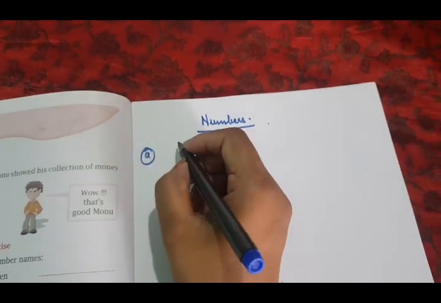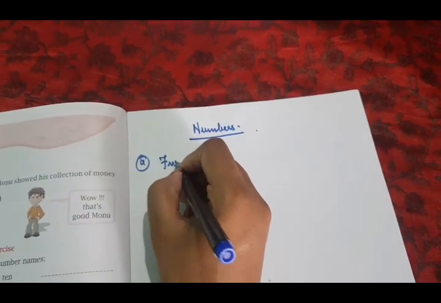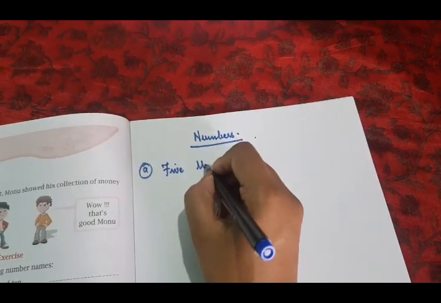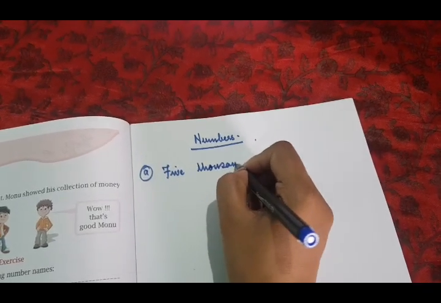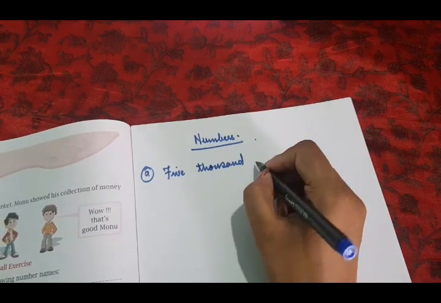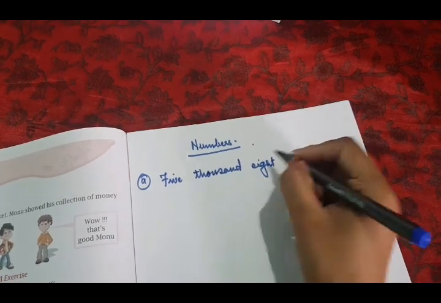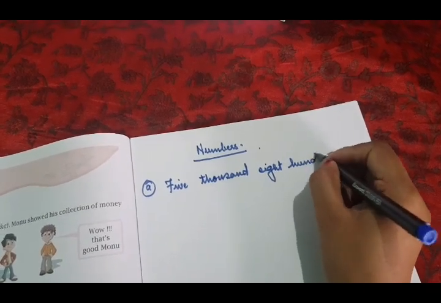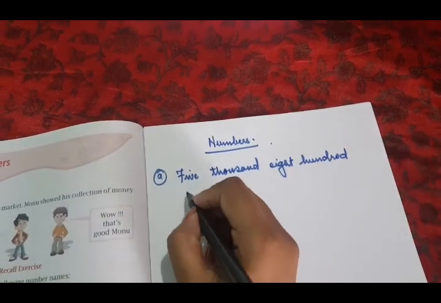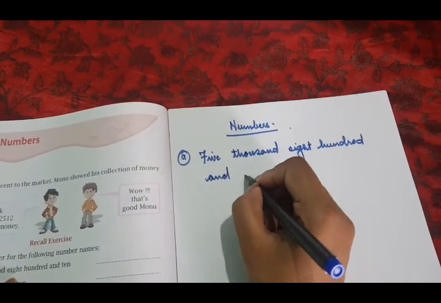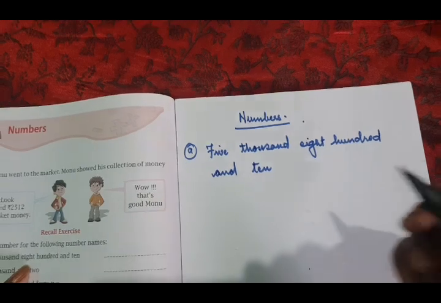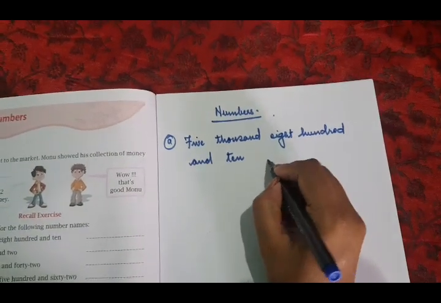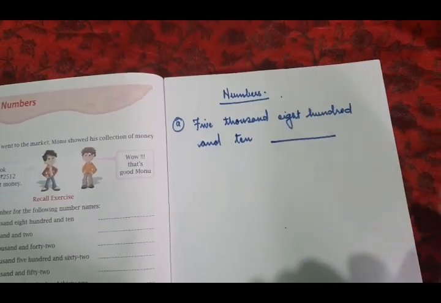According to the book, it is given 5,810. Now we need to write the numerals.